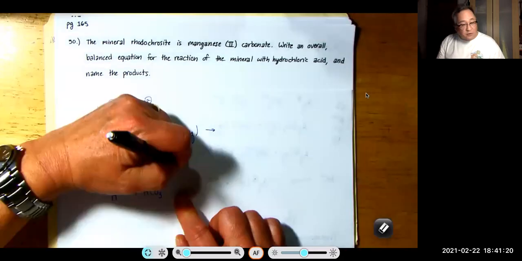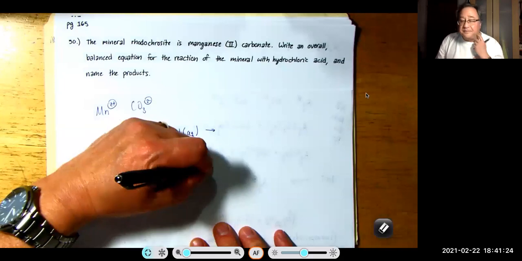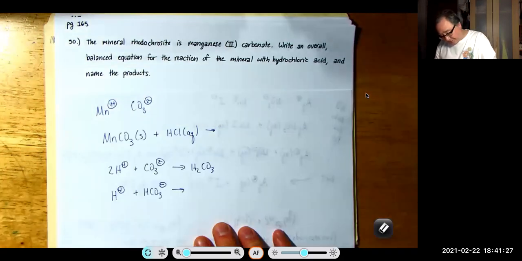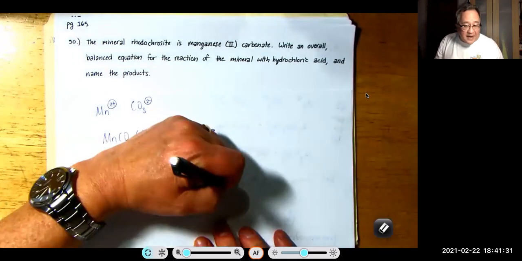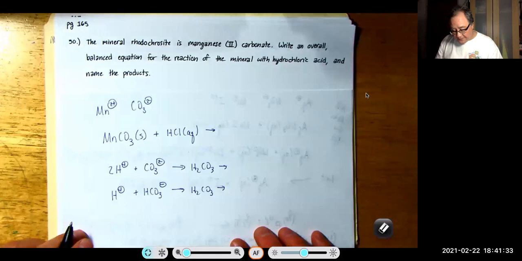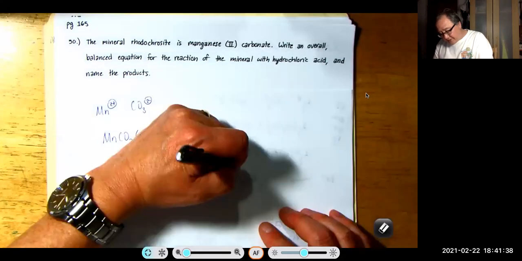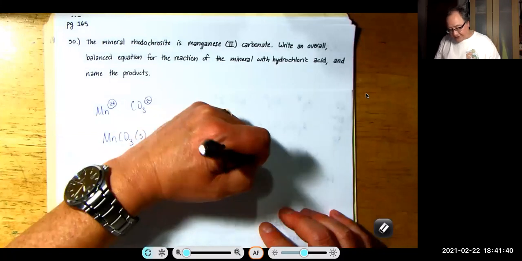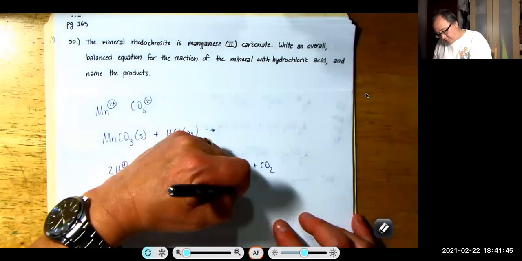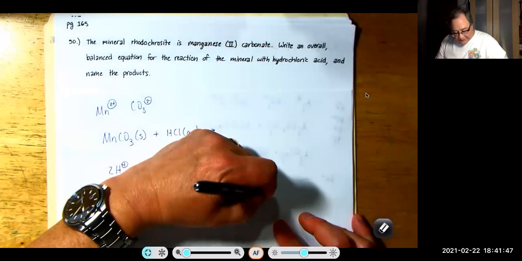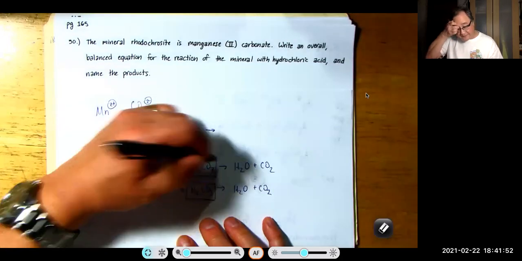They both make something with 2 hydrogens, 1 carbon, and 3 oxygens. This is called carbonic acid. It's pretty unstable in water, and what happens to it immediately after it forms is this: you get H2O and CO2. So again, the key to balancing these is to make sure you get H2CO3.